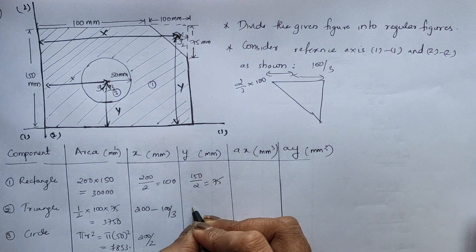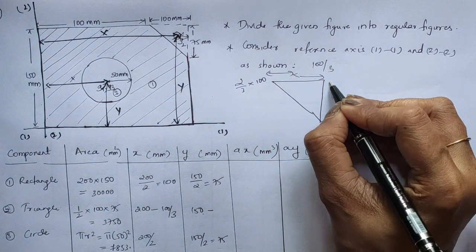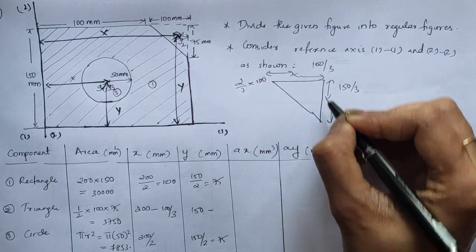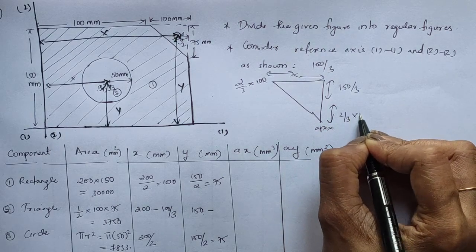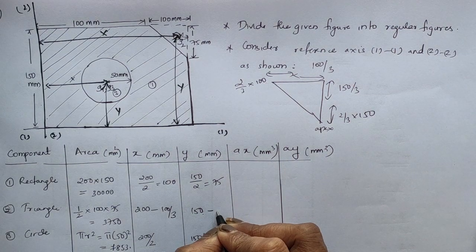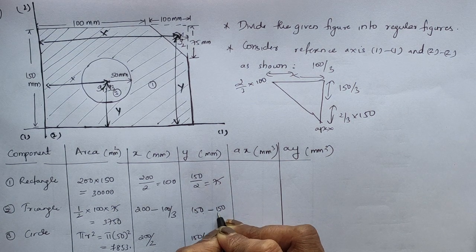Total is 150, right? So 150 minus this is going to be 150 by 3, and when you're traveling like this, this is the apex, so this is going to be 2 by 3 into 150. So this thing you should be very careful about. So I'm going to do 150 total minus 150 by 3.